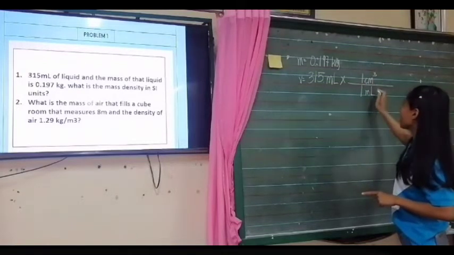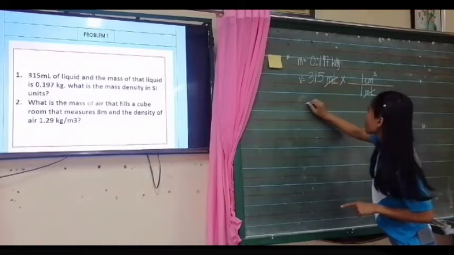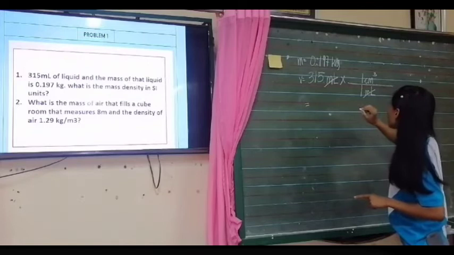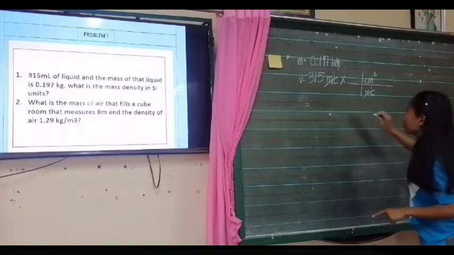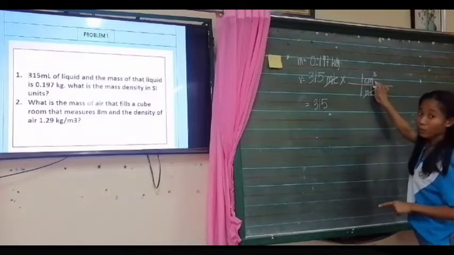Para ma-cancel out natin yung ml, dapat nakalagay siya sa baba. 315, ang natitirang unit is cubic centimeter.